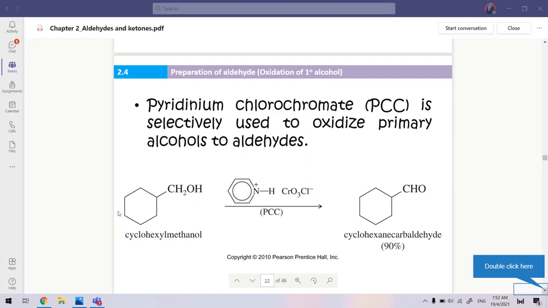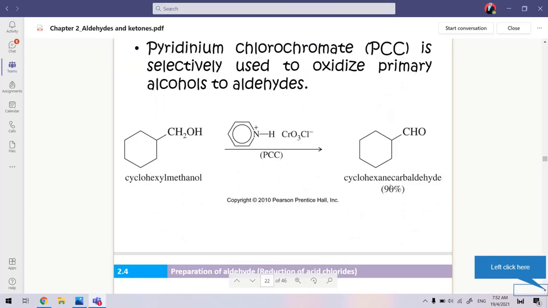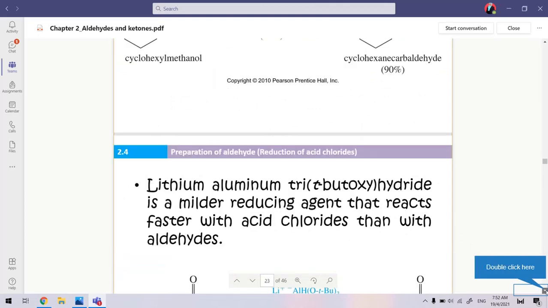Okay, and then this compound reacts with PCC, pyridinium chlorochromate. This one will oxidize. PCC will oxidize this part to a carbonyl group, which is an aldehyde, and the name is cyclohexane carbaldehyde.